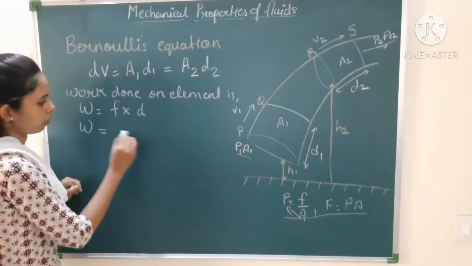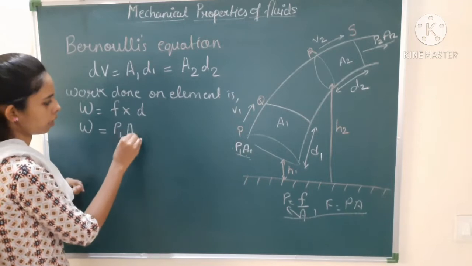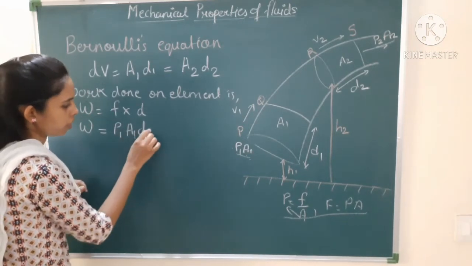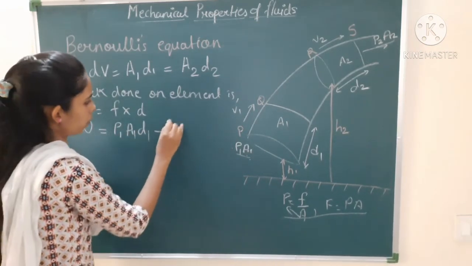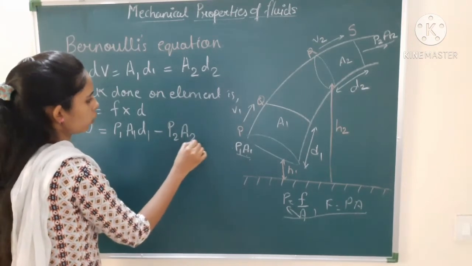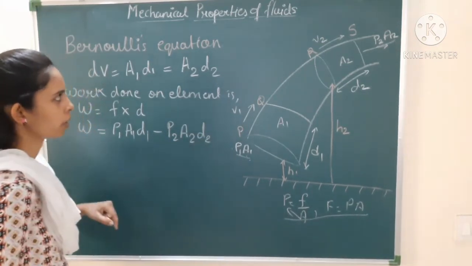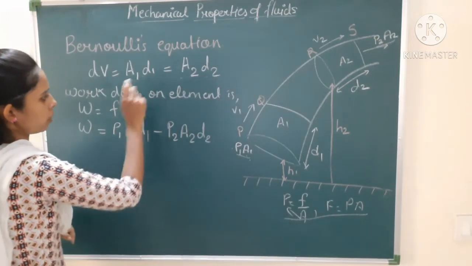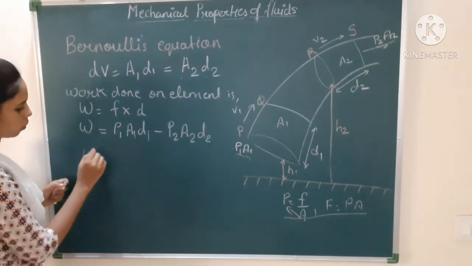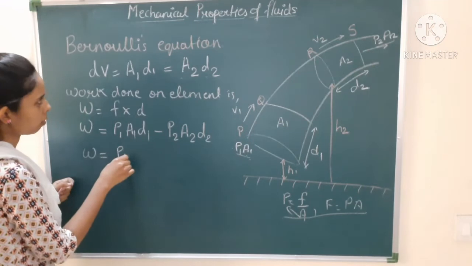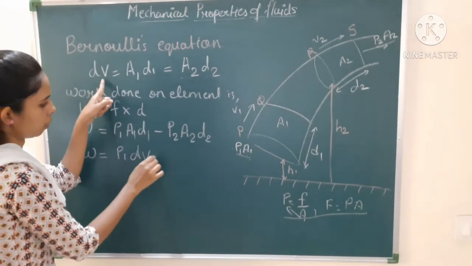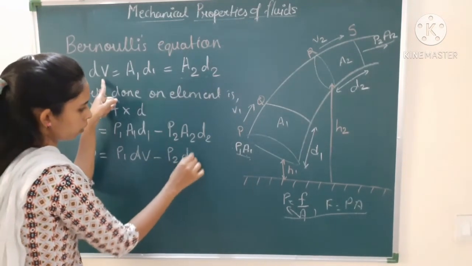So P1 A1 D1 minus P2 A2 D2. Can you see this A2 D2 and A1 D1? We can put in this value. So therefore it will become P1 dV minus P2 dV.